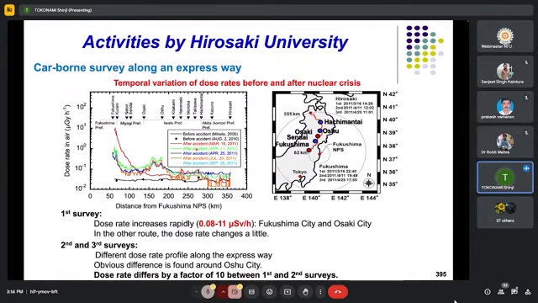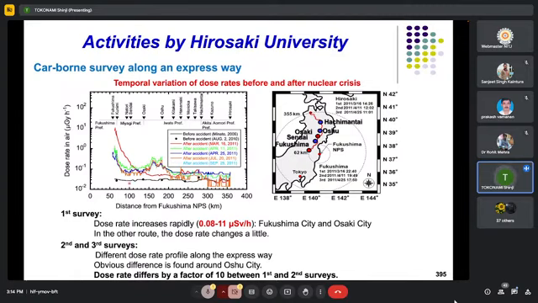The second is here, green. Fortunately, we have the background data on the expressway here. Also, the number of data is small. Yeah, this is actual data.